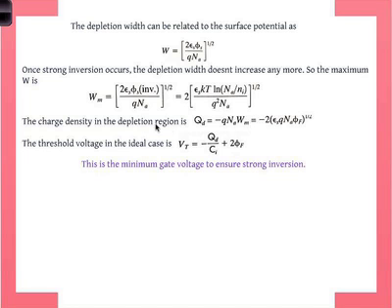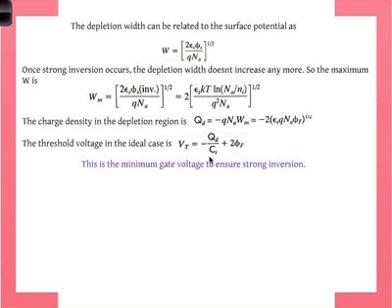And that allows you to calculate the charge density in the depletion region, Q_D. This is, again, common sense. This is the number of acceptor ions, times the electronic charge, times the maximum width of the depletion. So that's how many charges are in the fixed depletion region, the acceptor ions, in the maximum situation, at the onset of strong inversion.